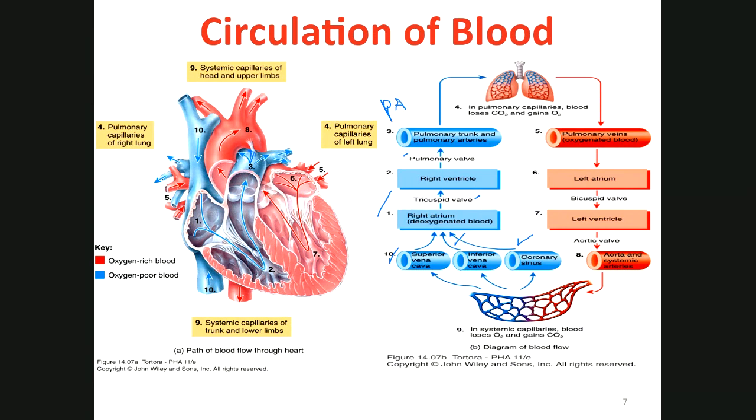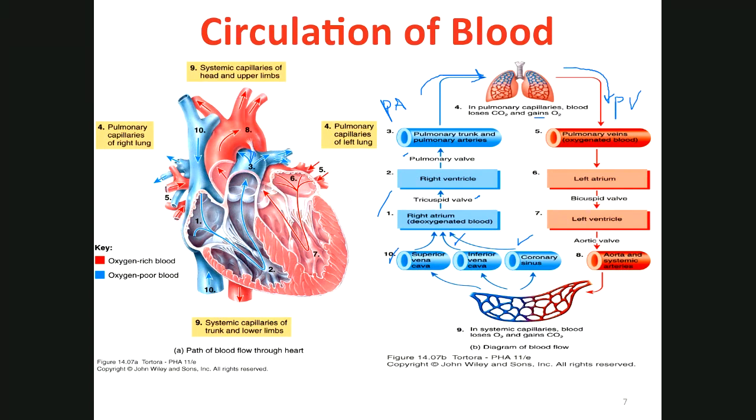So in the lungs, in the pulmonary capillaries, we're going to expel CO2 and gain oxygen. Then this vessel bringing this oxygenated blood from the lungs is called the pulmonary veins.